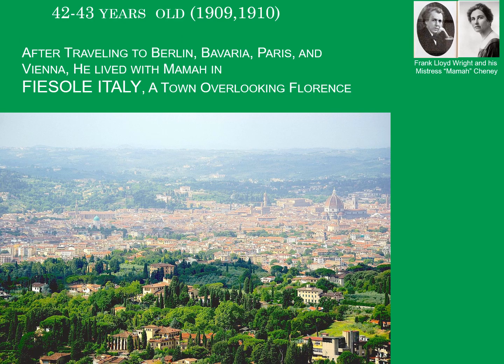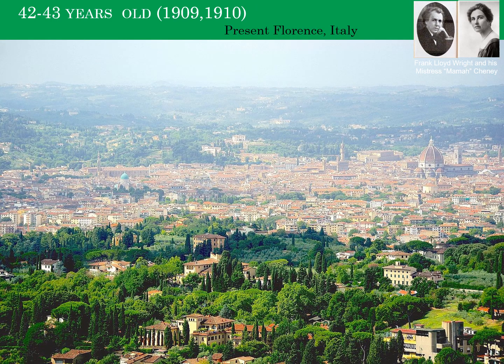They live in Fiesole, Italy, a town overlooking Florence, Firenze, Italia. So they're up on a hillside in Fiesole, Italy, looking down on Florence. Not quite this close up of the view.